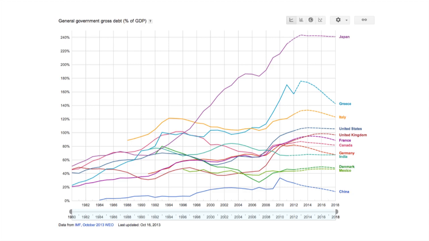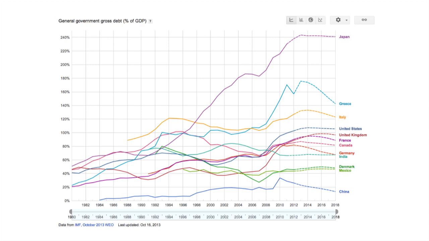We go up here and we can see Germany, France, the UK with higher debts. Then we see the United States with a debt that is now above 100% of GDP and kind of stabilizing as we go forward. So it's not rising as much, kind of flattening out, but still at a very high level. And then we go up and we see countries whose debt divided by GDP is even higher.